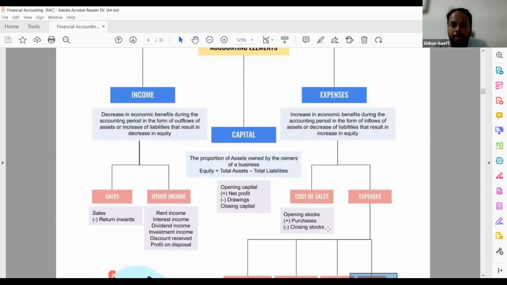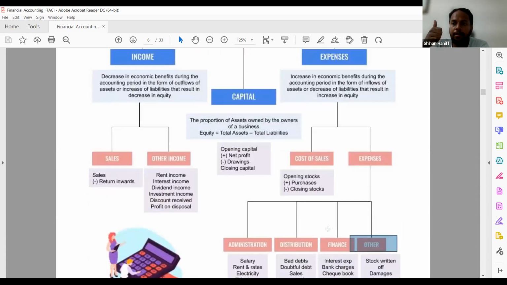Okay. Accounting elements: assets, liabilities, income, expenses. Finally, we have capital. Capital means the proportion of assets owned by the owners. The assets belonging to the owners equal assets minus liabilities.